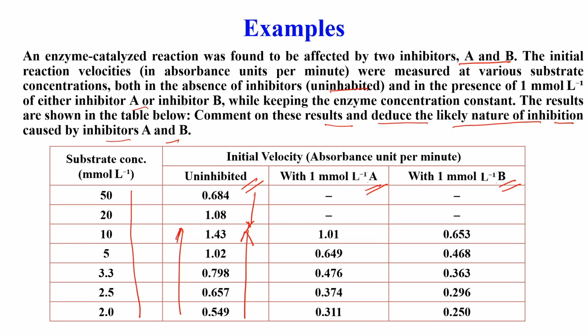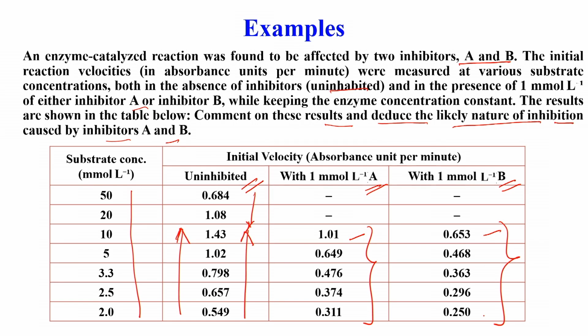If you increase the substrate concentration, the velocity is increasing, and if you compare the value 1.43 in absence of inhibitor with 1.01 in the presence of inhibitor A, and 1.653 in the presence of B, the rate has decreased, it means there is an inhibition.